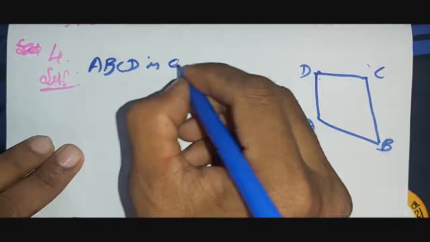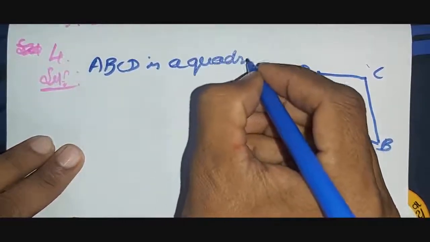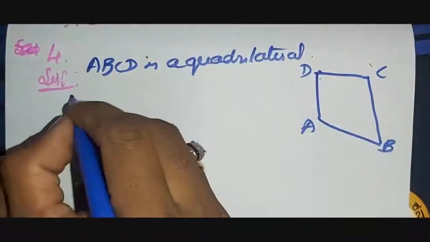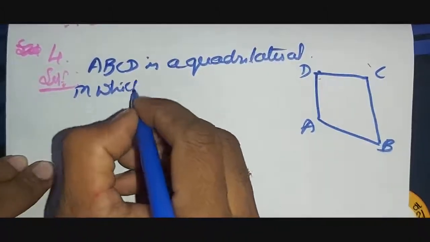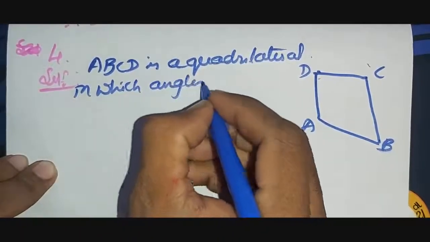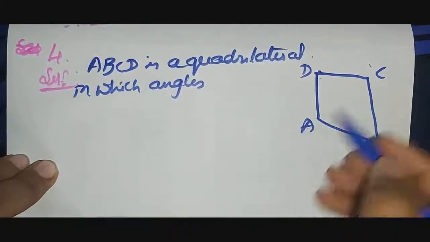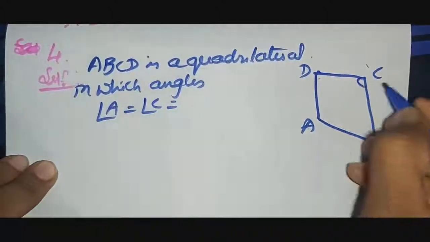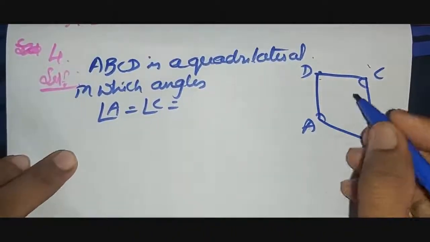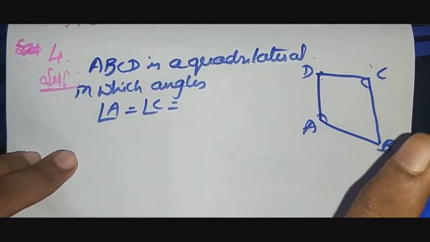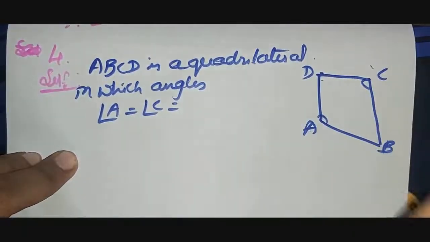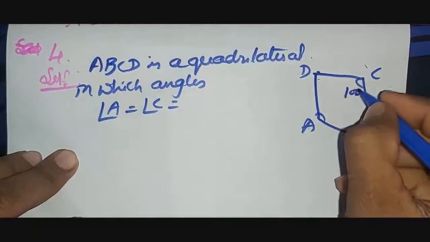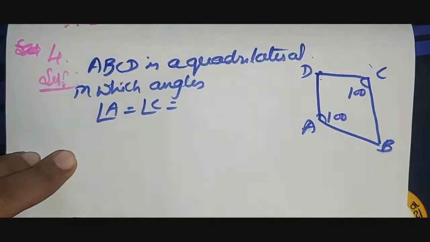ABCD is a quadrilateral in which angles, for example, angle A is equal to angle C. I will take any angles, because they have told us to draw a quadrilateral that is not a parallelogram but has exactly two opposite angles of equal measures. So I will take this as 100 and this as 100 degrees, right?